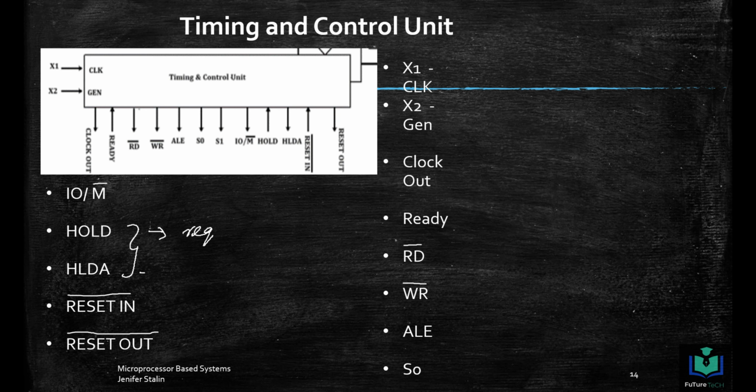HLDA, the hold acknowledgement signal, indicates the CPU has received the hold signal and is allowing the use of the address and data bus. So hold and hold acknowledgement are two signals used by other master devices.